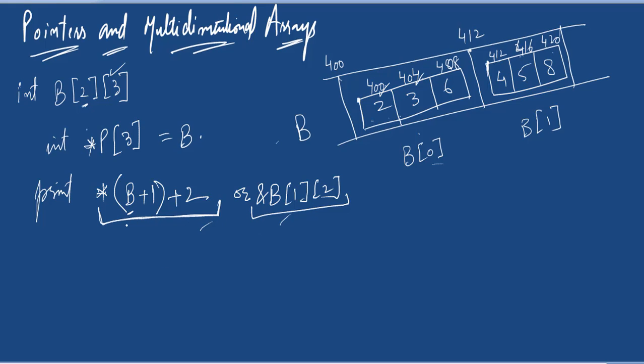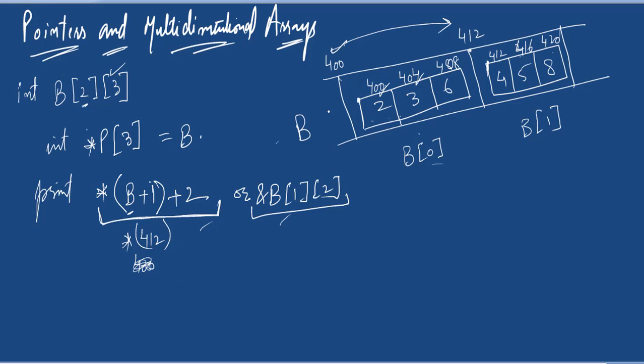This is B. B means the address of the first element of this. This is 400. I am talking of this external 400 plus 1. Plus 1 means I have to reach up to this 412. So here it will be 412. Then 412 should be dereferenced first.